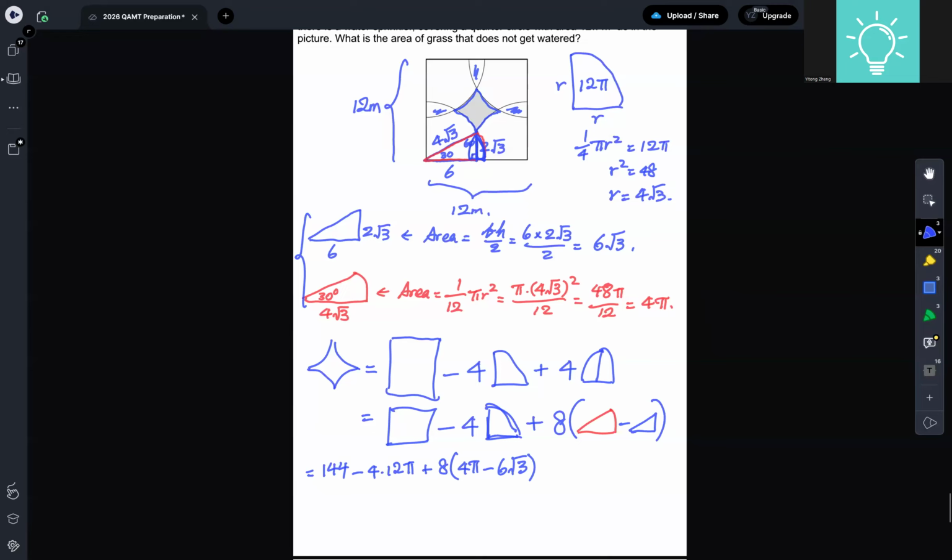I'm just plugging in these values. 144 minus 48 pi. If I expand this, I get plus 32 pi. And then this is minus 8 times 6, 48 square root of 3, which is 144. I collect these like terms, 16 pi minus 48 square root of 3. And that is our final answer of the area that we wanted.